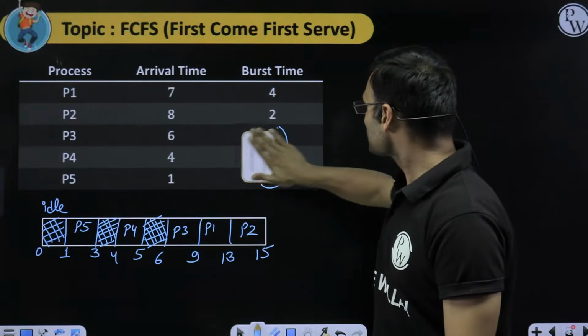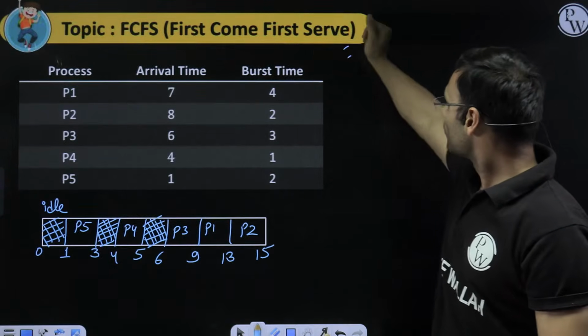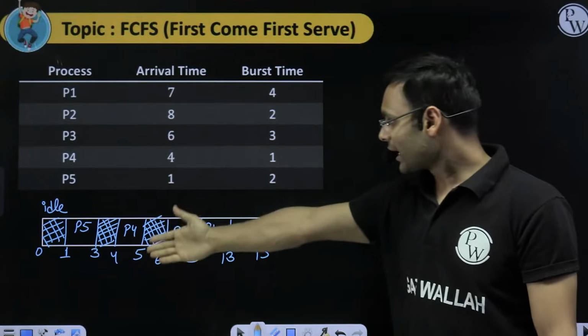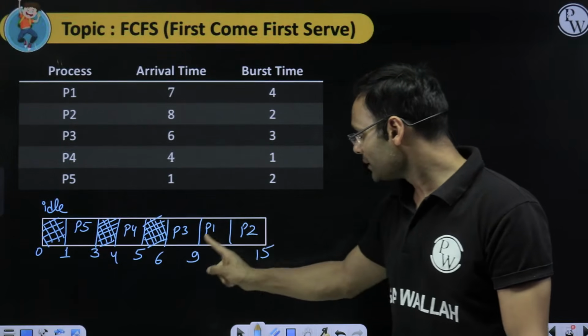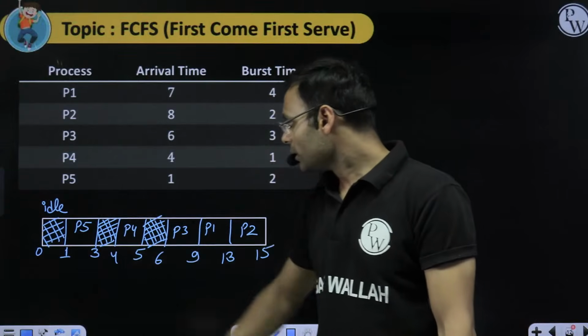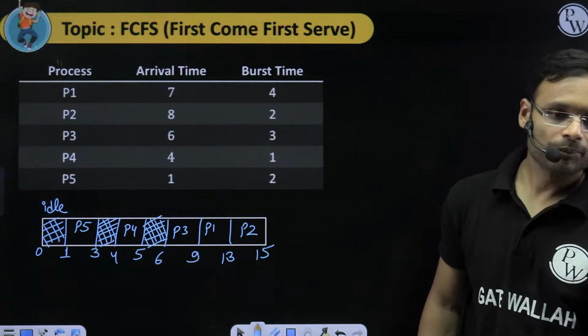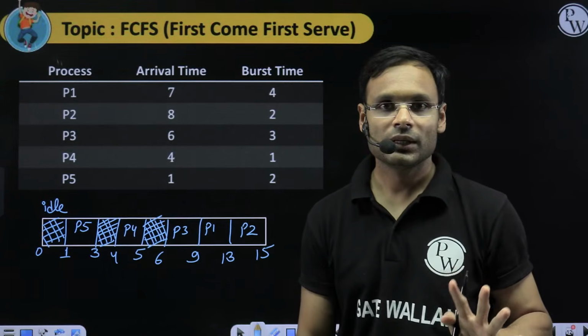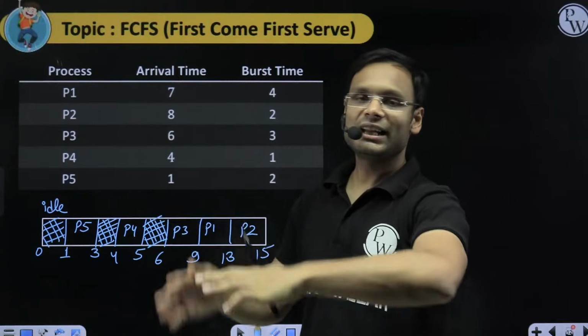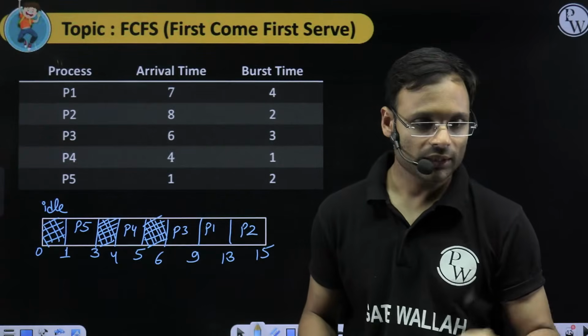The rest of the things are same. Arrival time, completion time. Completion time from here I'll take. Completion time of P1 is 13, P2 15, P3 9, P4 5 and P5 is 3. Same completion time, whatever you have is the same. Then based on that, turnaround time and waiting time, same to same you can calculate.